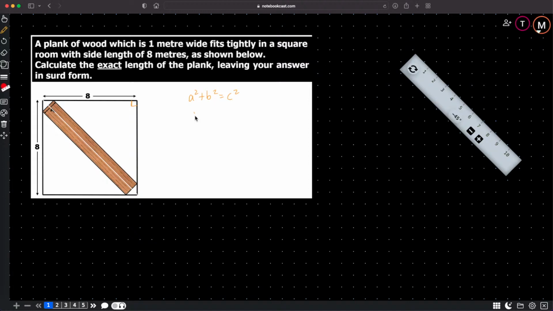In other words, I get 8 squared plus 8 squared equals c squared, which I'm just going to write as 2 times 8 squared. And then if I take the square root of both sides, I get c equals 8 root 2. So the diagonal of this square is 8 root 2.